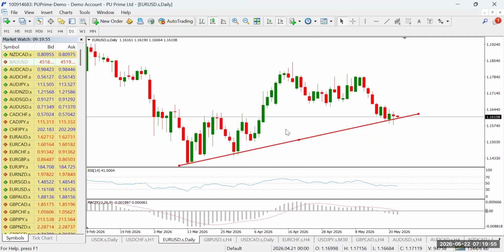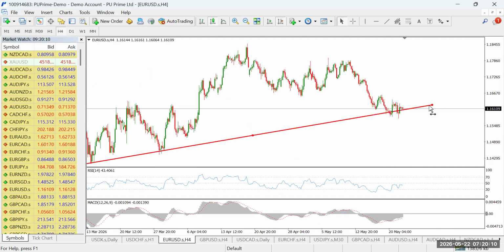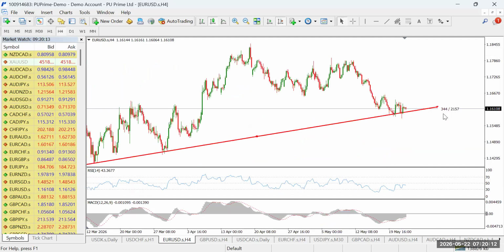So for the Euro USD, we have an overall uptrend on the daily time frame with a rejection candle. Technically, we're looking for a bullish movement. And if we go down to the 4 hour, what I'm seeing here is possibly a double bottom pattern.